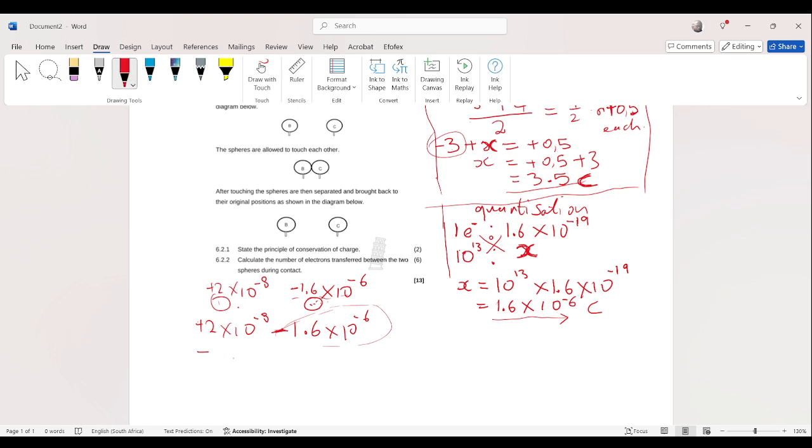It says negative 1.58 times 10 to the power of negative 6. Yeah, this makes sense. So this is the new charge. It means we introduced a lot of electrons into this object. That's why it ended up becoming negative.